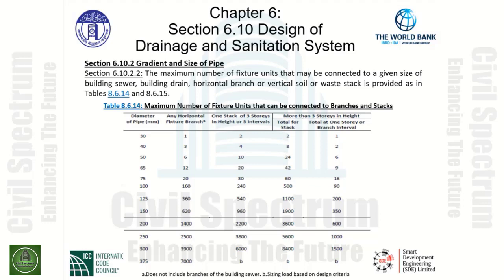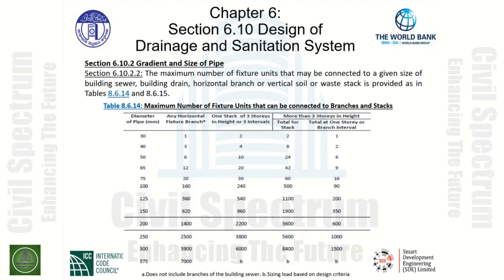That is our drainage fixture units. The next column, one stack of 3 stories in height or 3 intervals, is given as the stack, story, or interval accordingly.